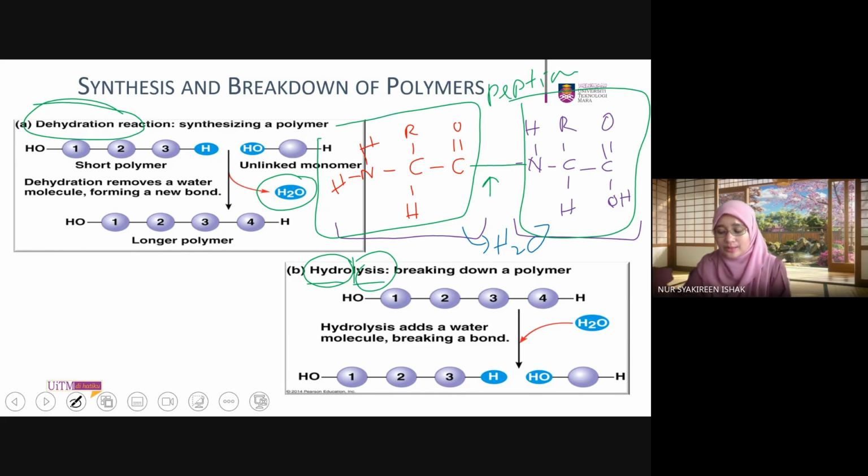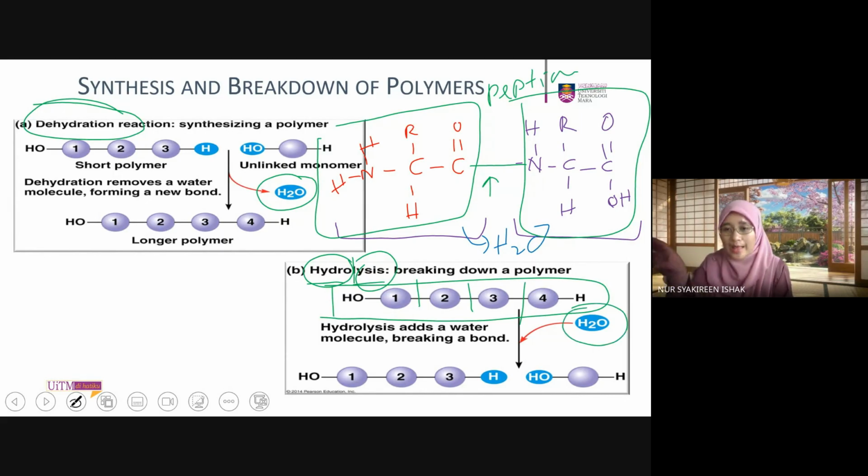Hydro is water, lysis is to break. Here we have a polymer that consists of several monomers, and you want to break the bonds between the monomers. The reaction requires a water molecule for every bond that is broken between the monomers.